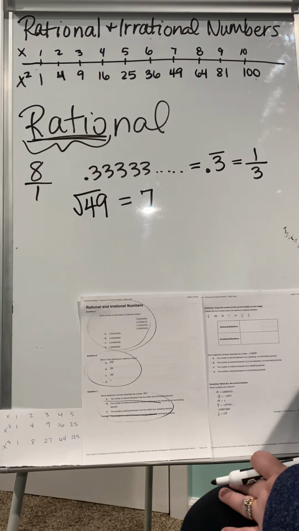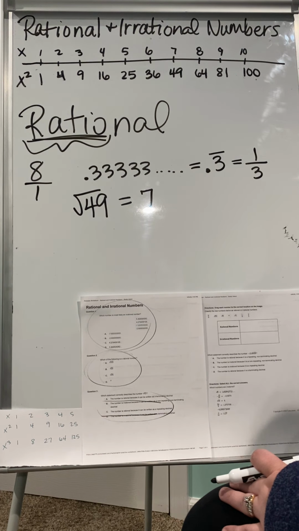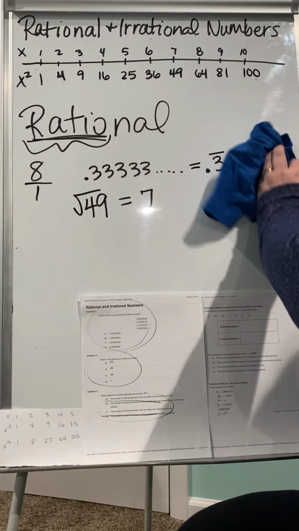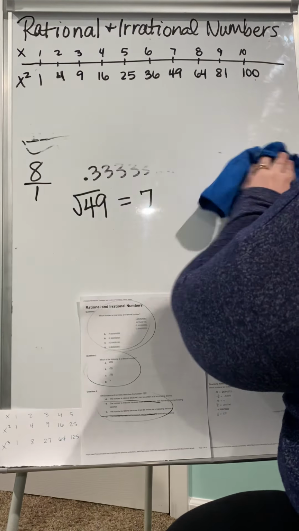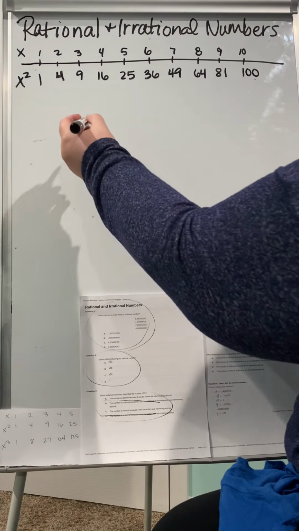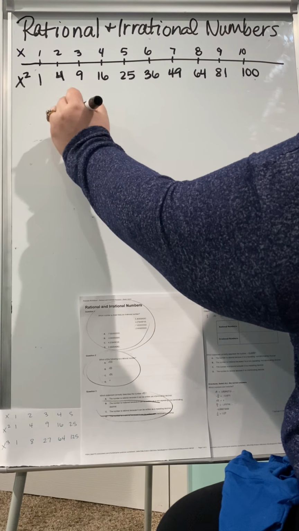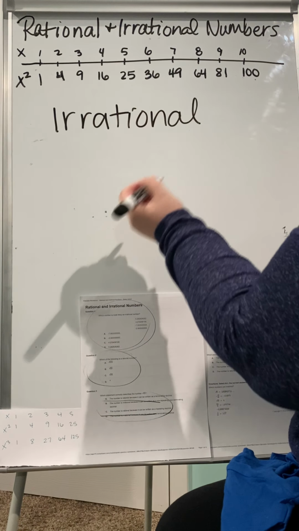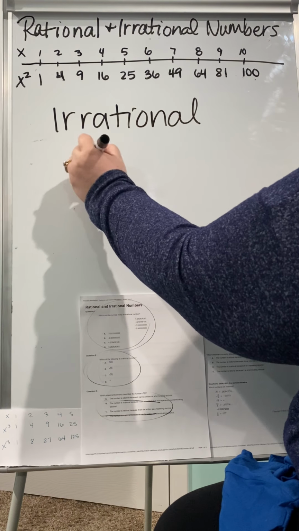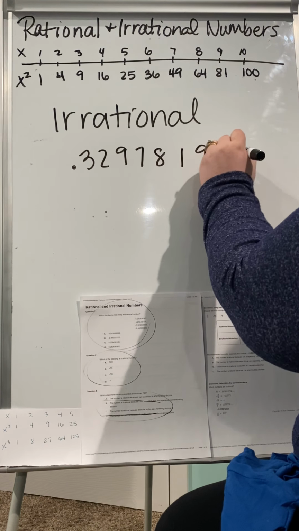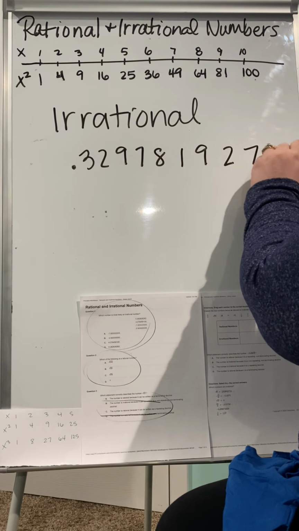Okay? All right. Irrational numbers are going to be numbers that we cannot write as fractions, that do not have patterns to them. Okay? For example, irrational. 0.32978199273.